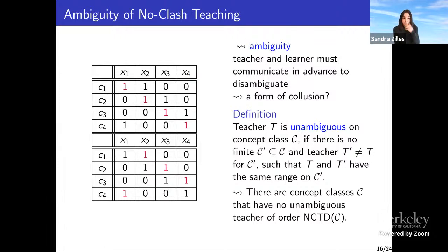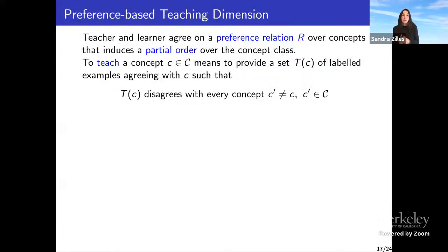And this example here shows that there are concept classes for which no unambiguous teacher can have order of NCTD. So this is a really stricter notion of collusion-freeness than the previous one.